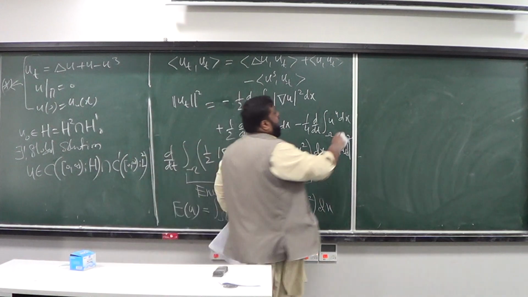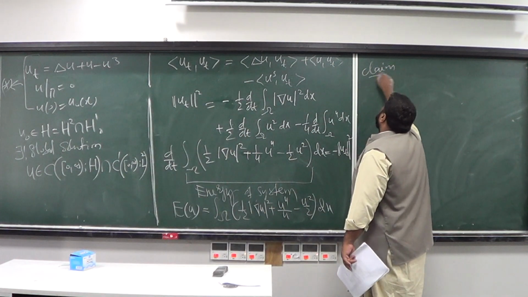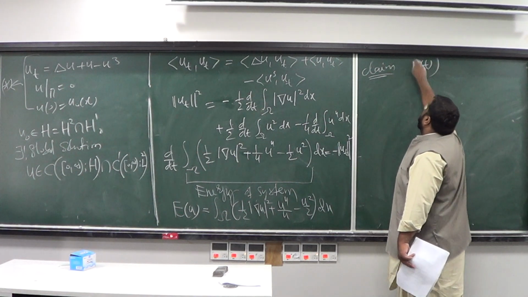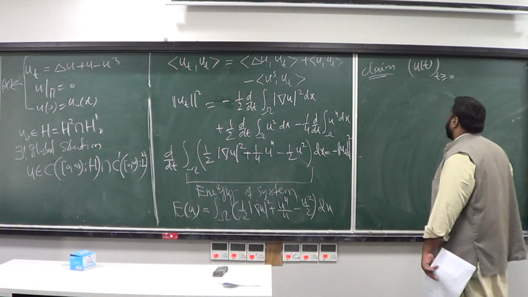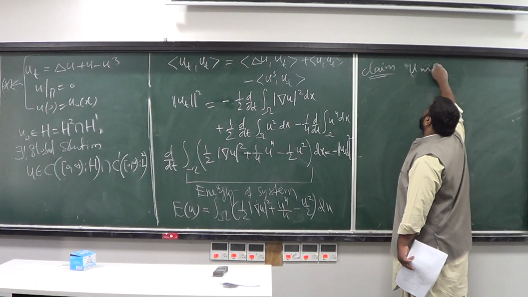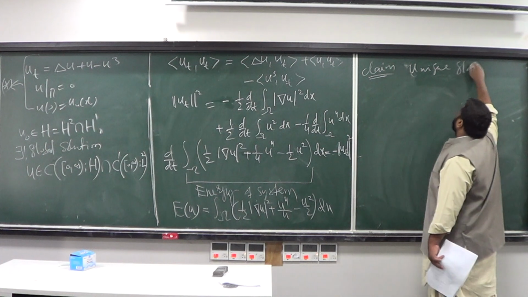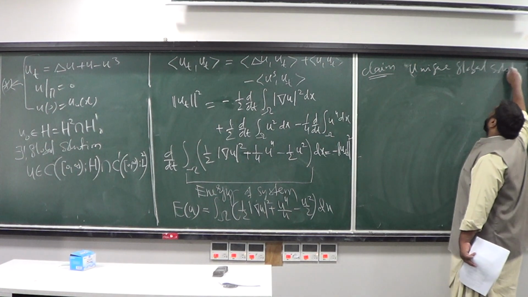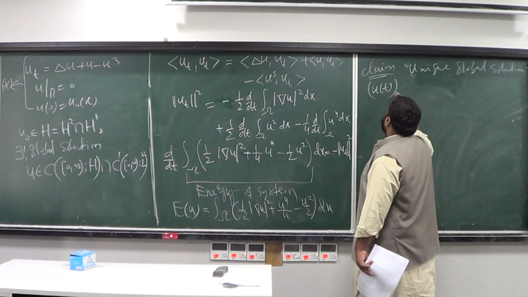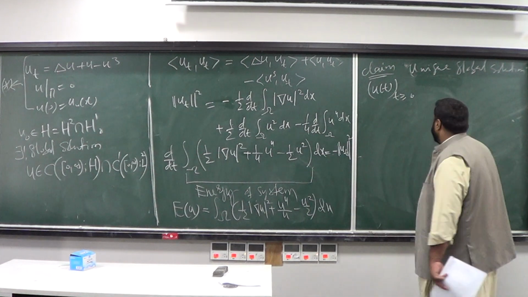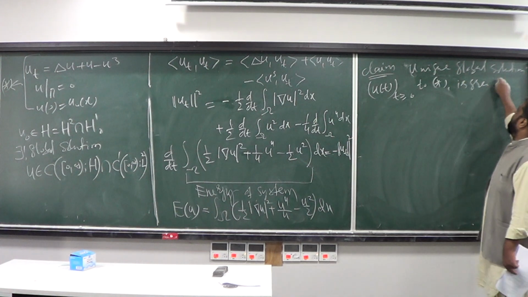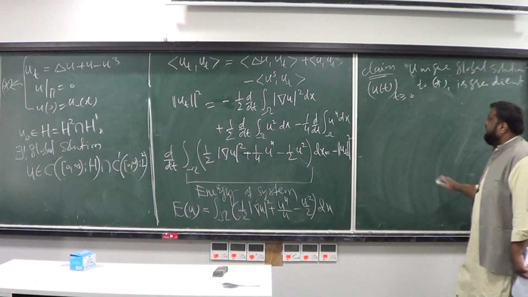The claim is that u of t, where t is bigger than or equal to 0, the unique global solution of star, is a gradient flow. So this is what my claim is. That's a gradient flow.